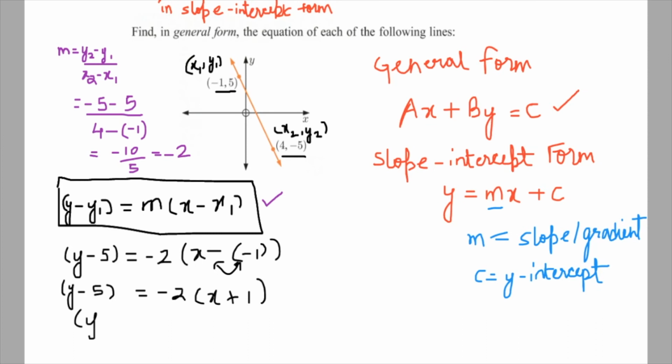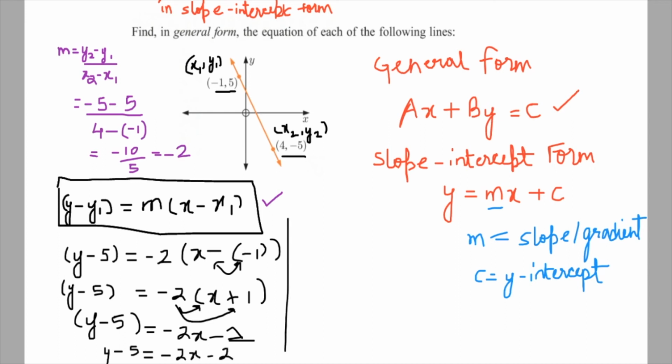Solving it further, y minus 5 is equal to, now you'll multiply this by minus 2. So minus 2 times x will give me minus 2x, minus 2 times 1 will give me minus 2. This will be y minus 5 is equal to minus 2x minus 2. Moving further, I'm going to have all the variables on one side.